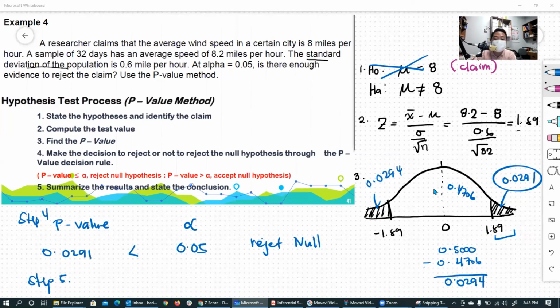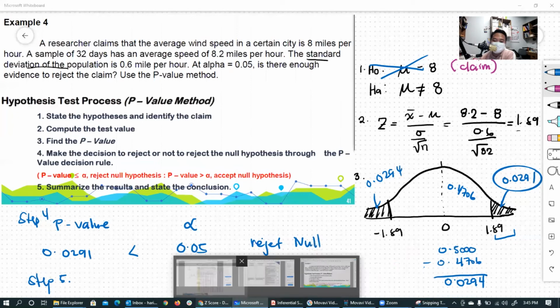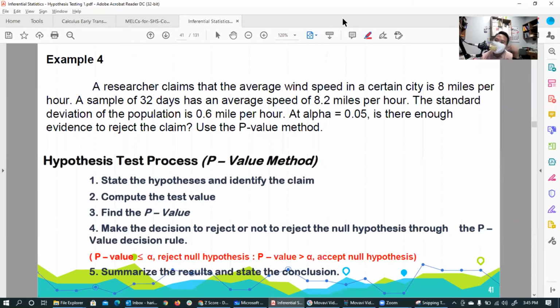Wala pa. We are still in Z-test pa. I need to know if you have questions for this item here. Wala.